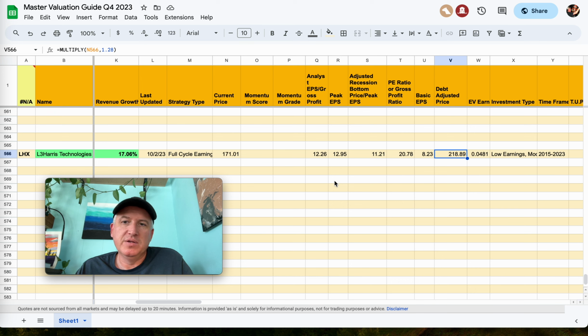A lot of times when I use this adjustment, the business owner's CAGR, which is what I use to compare to other stocks or bonds or whatever over 10 years, usually gets much closer to the market average once I take debt into account.